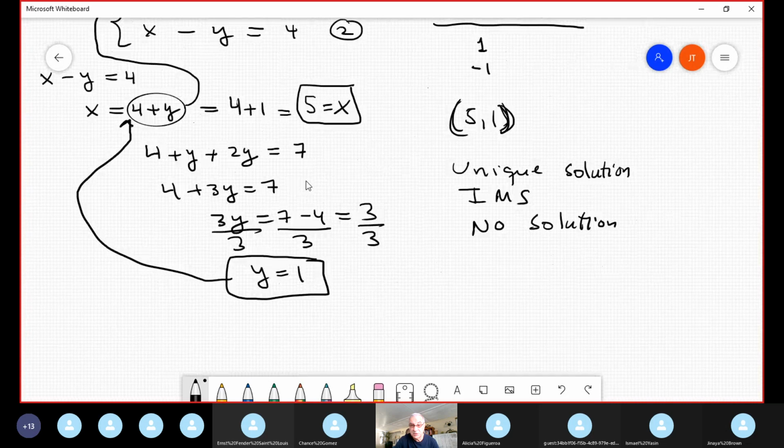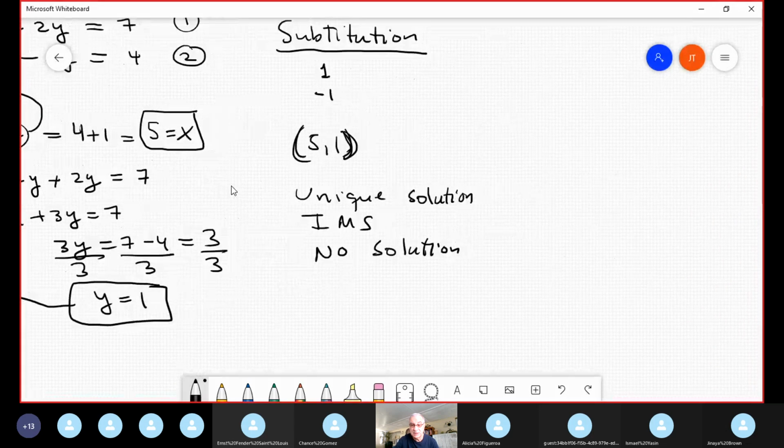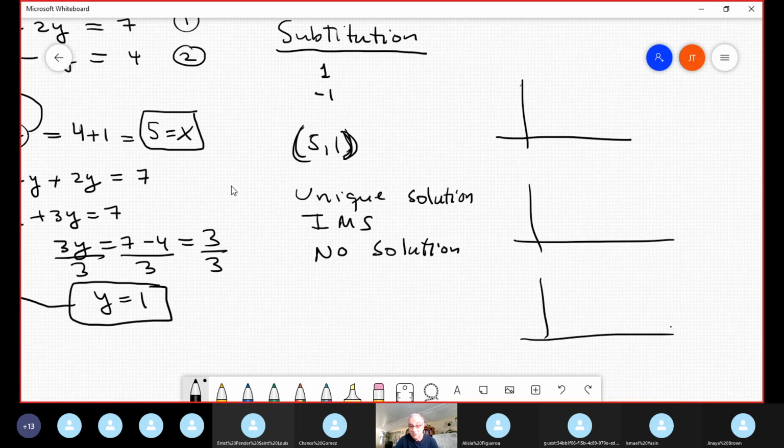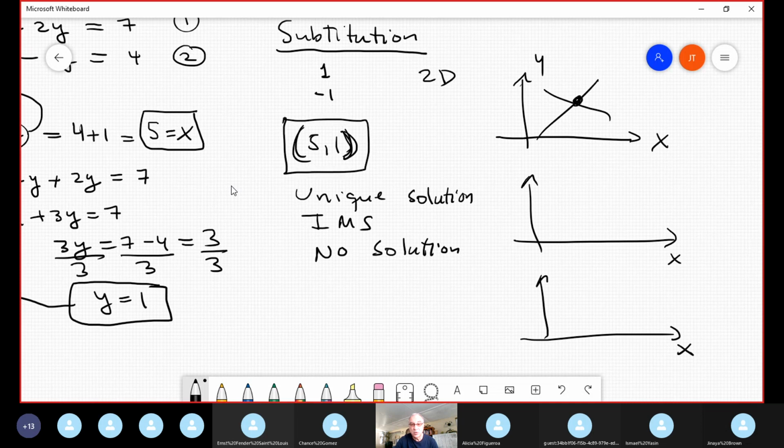It's super easy to visualize this idea geometrically, because each equation represents a line. This is the famous x, y plane, 2D. Let's see what happens in 3D. Well, in 2D each equation represents a line. Suppose a line like that, bam. And the intersection is the solution. In this example it was 5, 1.